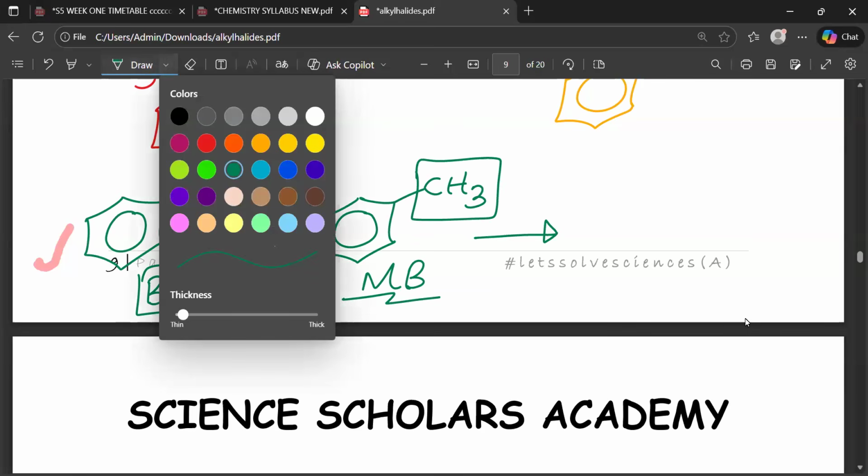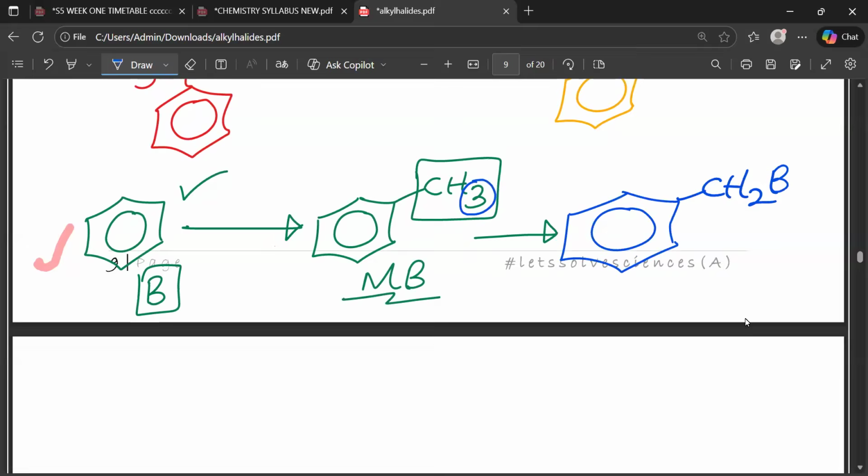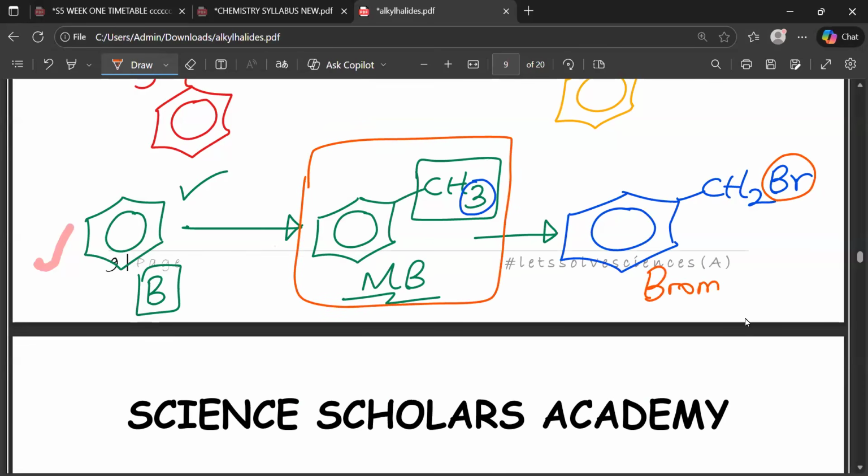Now, on this very CH3, when I get one hydrogen there and I replace it with Br or Cl, maybe this becomes CH2Br. I just understand that the bromo group came and fixed itself on methyl benzene. And that's why I'll call this bromomethylbenzene. One word. Nomenclature is not hard.